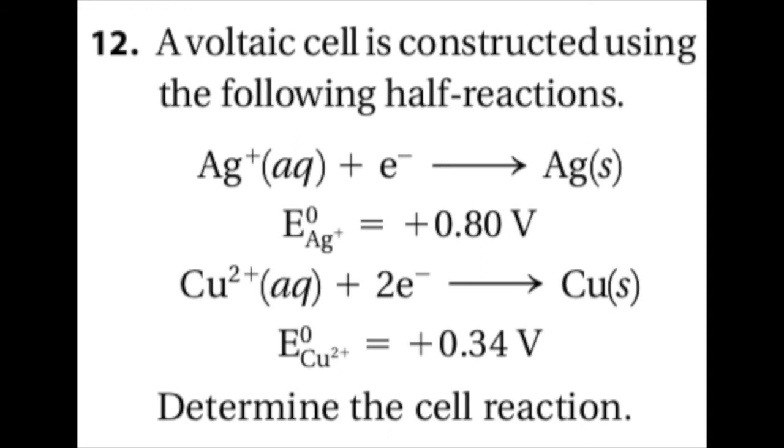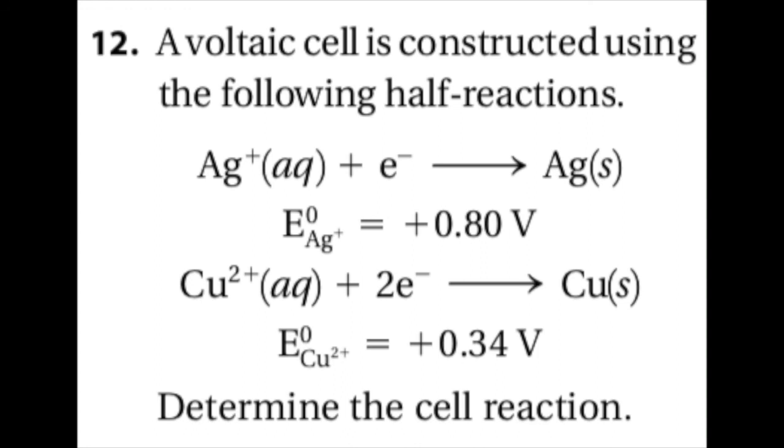What's going to give you a positive number? 0.8 minus 0.34? Is that going to be positive, or is it going to be 0.34 minus 0.8? Well, clearly, the only combination that's going to give you a positive result will be if I say 0.8 minus 0.34. So, the top reaction is clearly the reduction reaction, and the copper reaction has got to be the oxidation reaction.